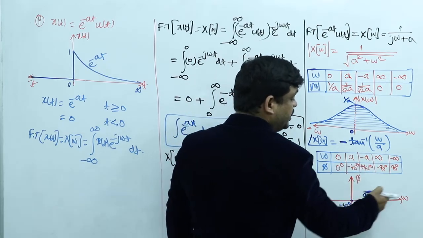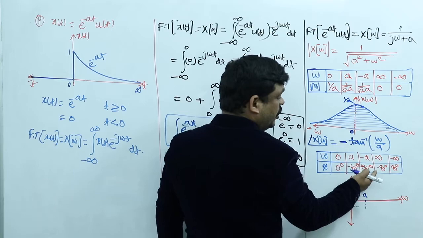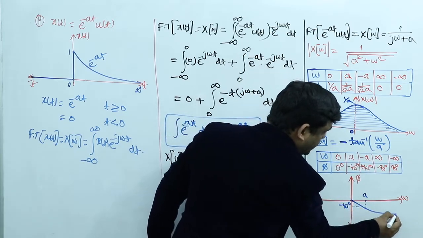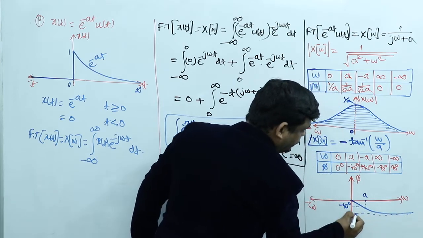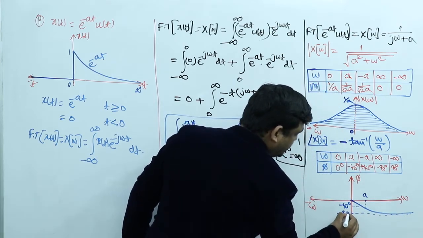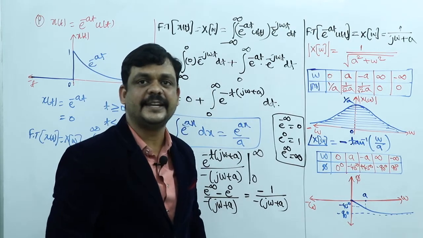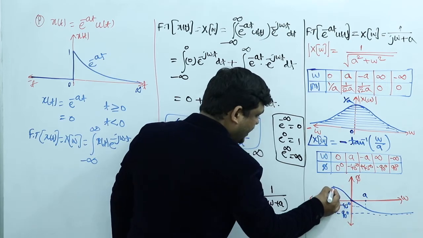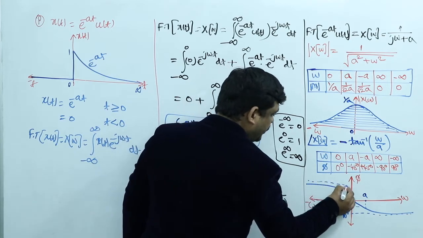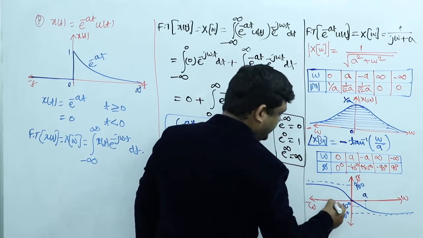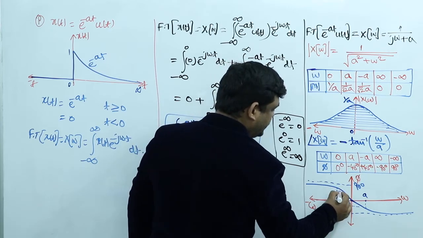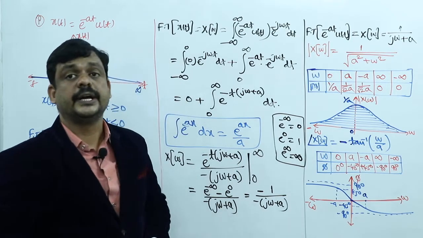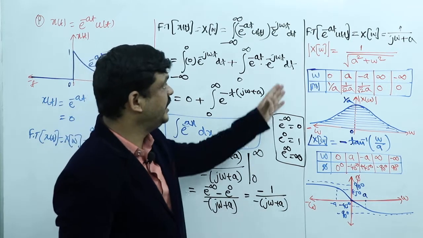As frequency goes to infinity, the curve approaches its maximum angle on the negative side, which is minus 90. Similarly, on this side it changes like this, reaching 90 degrees, and at minus A it becomes plus 45 degrees. This gives the complete phase response of the given signal.